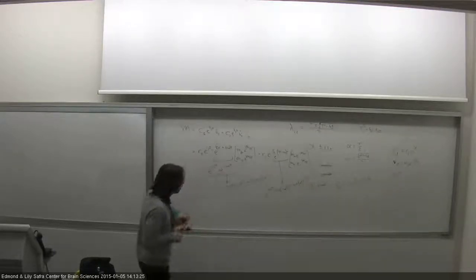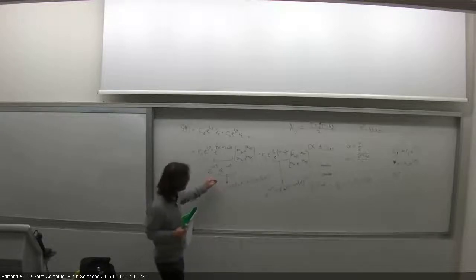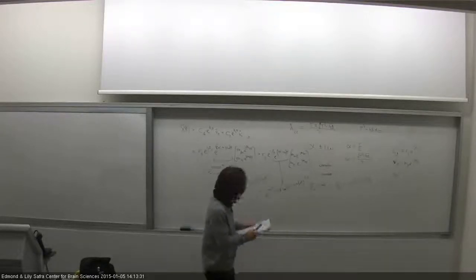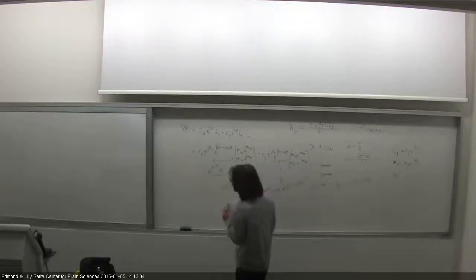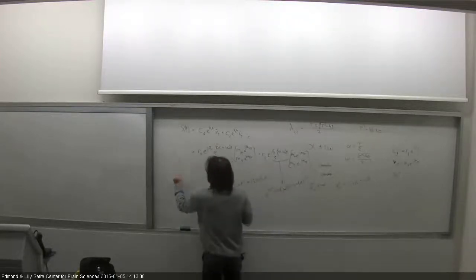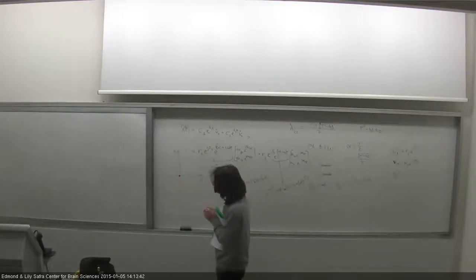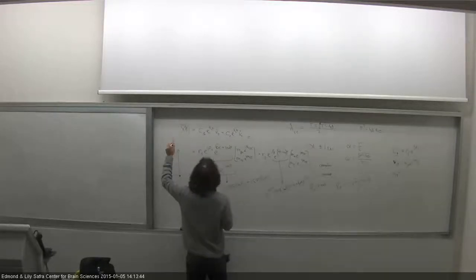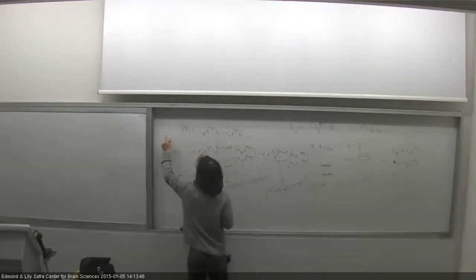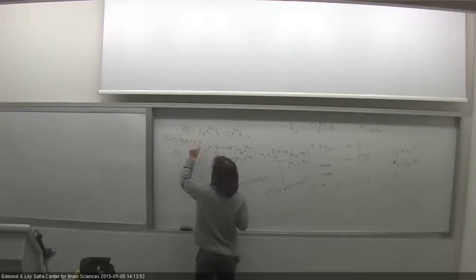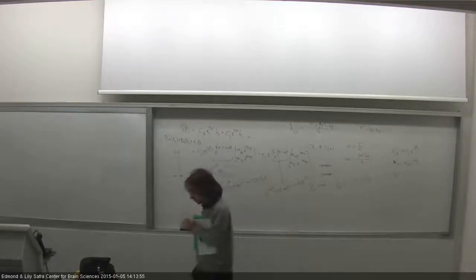But the general behavior here is growth or decay with oscillations. And this is what we call a spiral. So if the real part of lambda 1, which is equal to the real part of lambda 2, is negative, then we'll have decay.